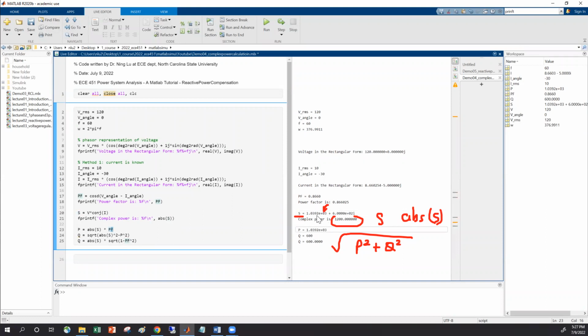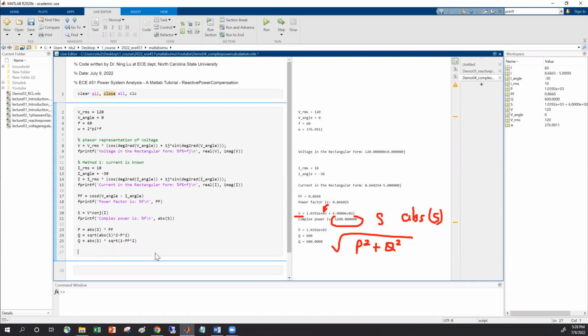That will be this part. And then if you use the magnitude of S times the square root of 1 minus the power factor square, that will also give you the reactive power. Or you can directly use the magnitude of the complex power squared, minus the square of the real power, and take the square root of that. That's another way of doing it.